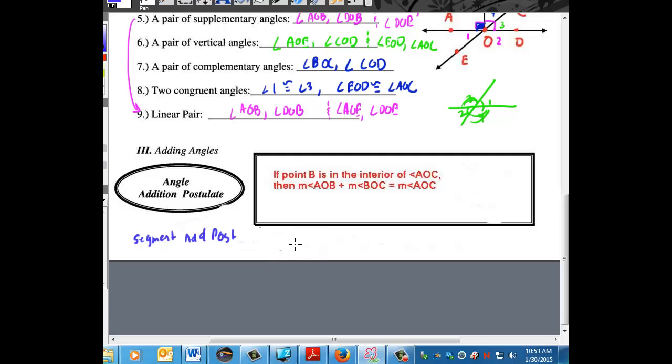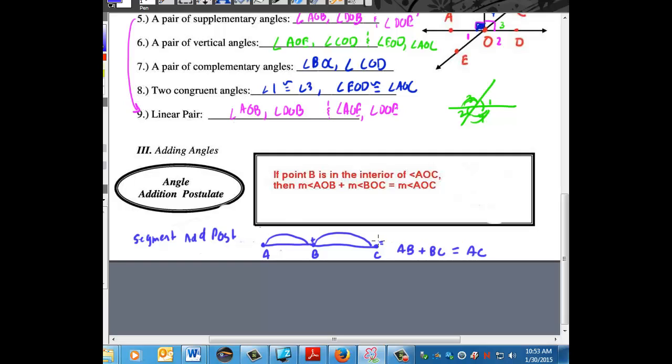If we make a drawing to refresh our memory, remember we would say that we have segment AB, and then we also have a third segment that involves C. And so what I can say with the segment addition postulate is that the length of AB plus the length of BC is going to equal the length of AC. We're just saying that this segment plus this segment is equal to the entire segment.